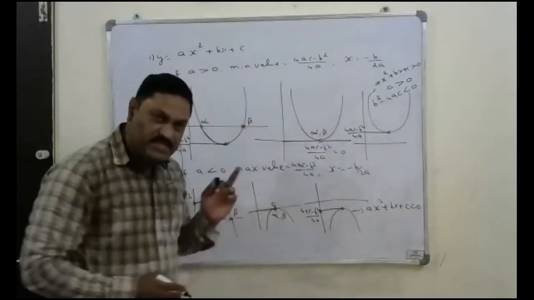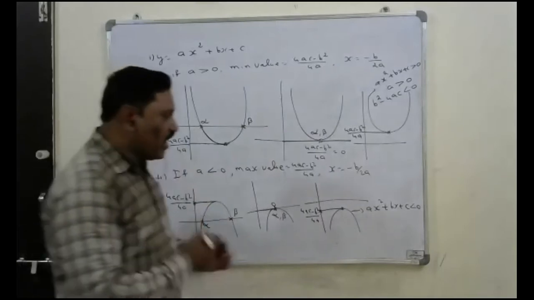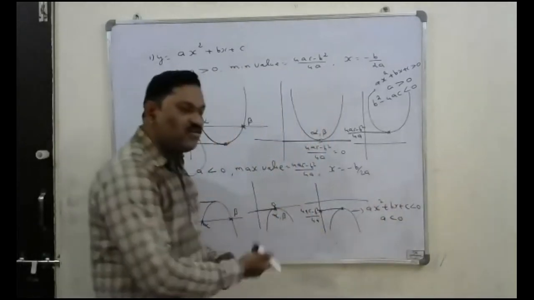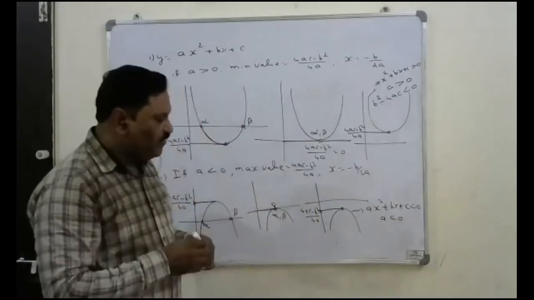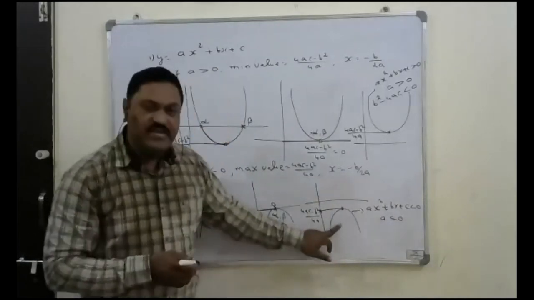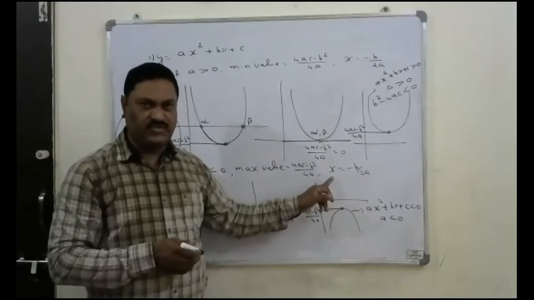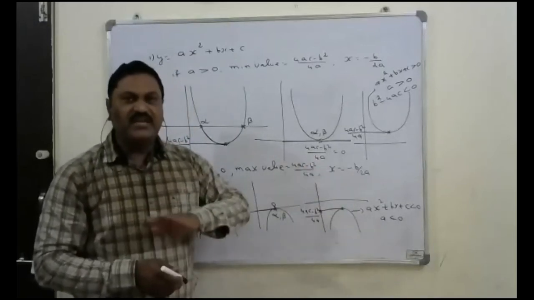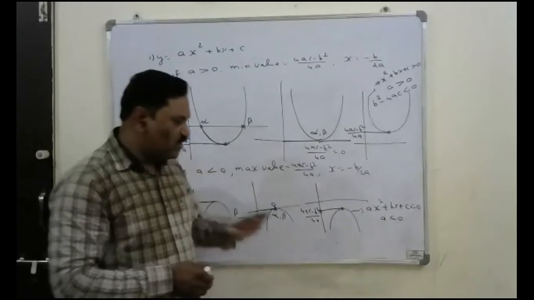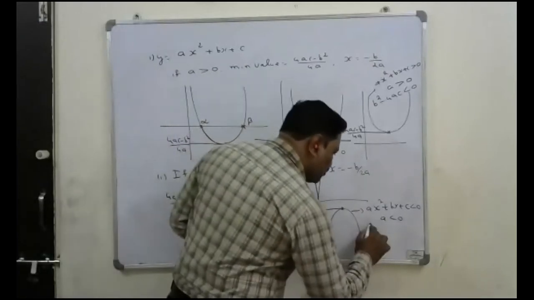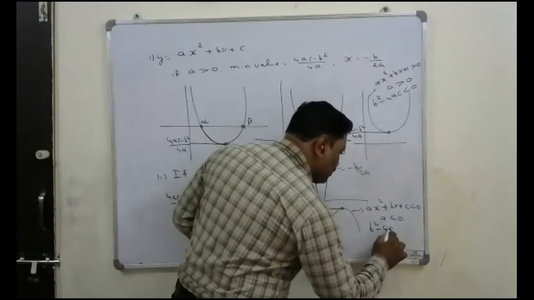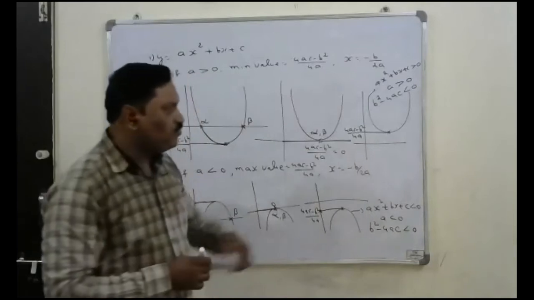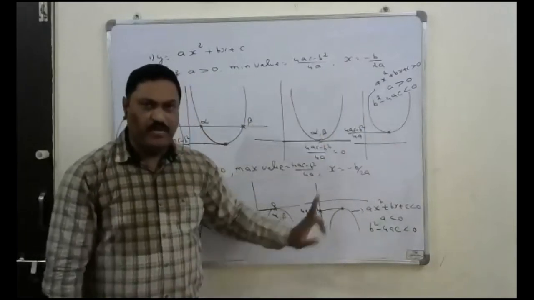That expression is negative and the x square coefficient is also negative, then the entire graph lies below the x-axis. If it lies below the x-axis, it is not going to meet the x-axis, which means it doesn't have any real root. So the roots are complex, which means b square minus 4ac is negative. Okay, these two are important points, you have to remember that.